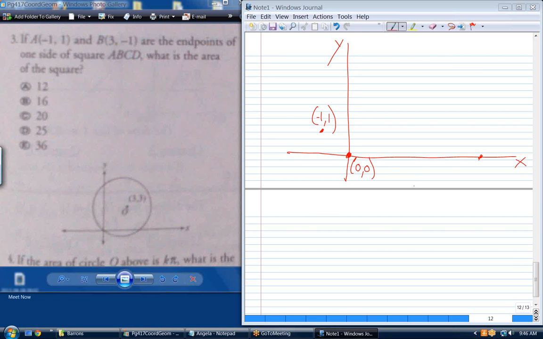No problem with that? I believe so. Okay. I haven't been working on this a lot. Okay. How do I plot B? B would be 3 horizontally. To the right. Yes, to the right, and then down 1. Okay, so we'll put B there.